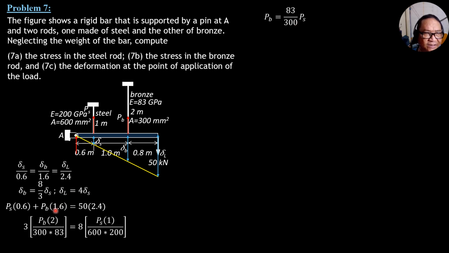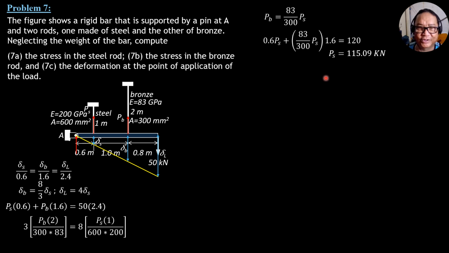Substitute into this equation here. So we have 0.6 P sub S plus 83 over 300 P sub S times 1.6 equals 50 times 2.4, and that's 120. So we can now solve force in the steel rod, and it is equal to 115.09 kilonewtons.